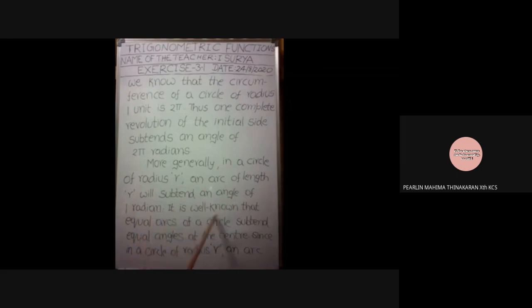It is well known that equal arcs of a circle subtend equal angles at the center of the circle. This is a theorem you have already studied in the 9th and 10th classes.